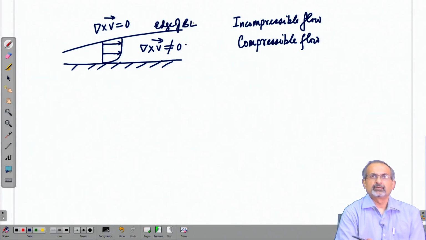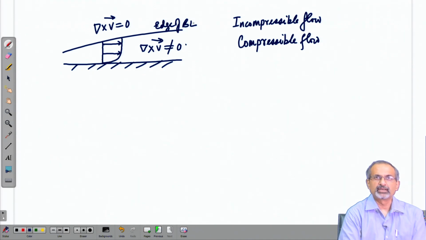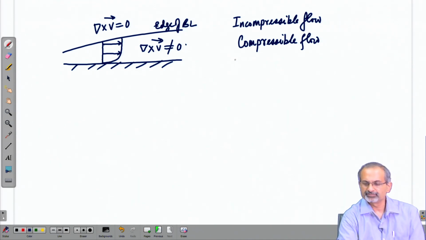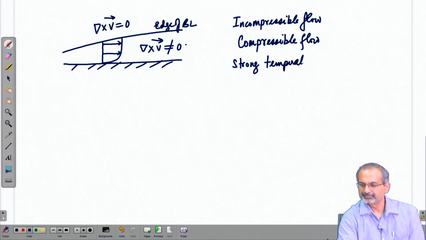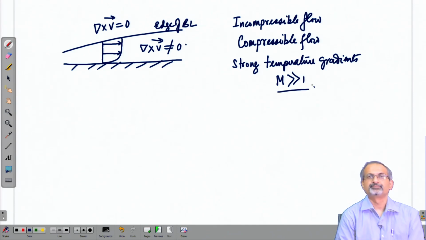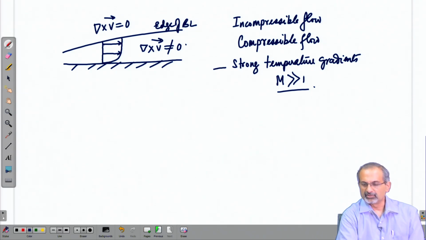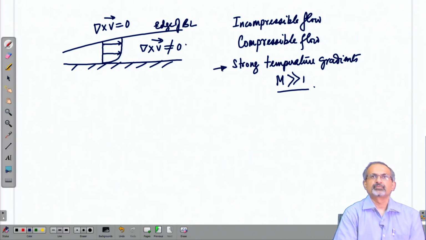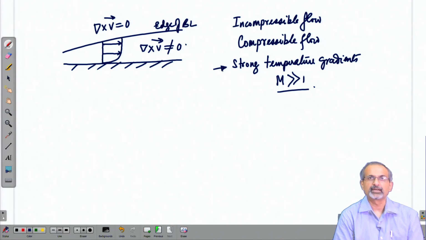Within a compressible boundary layer, you could also have strong temperature gradients, especially when the Mach number becomes large, a supersonic Mach number which is becoming larger. That would induce very strong temperature variations within the boundary layer.